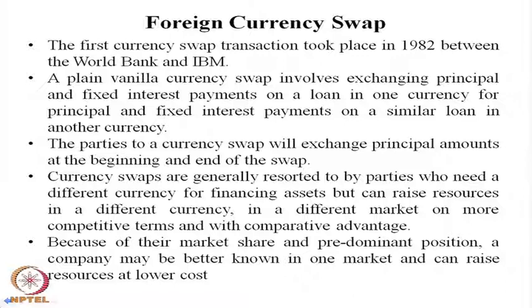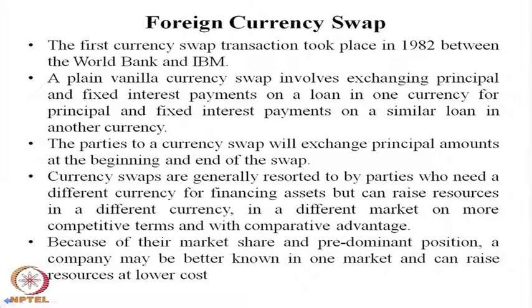Swaps, whether a currency swap or an interest rate swap, are plain vanilla, which means there is no complexity involved in this process. A plain vanilla currency swap involves the exchange of principal and fixed interest payments on a loan in one currency for a principal and fixed interest payments for a similar loan in another currency.